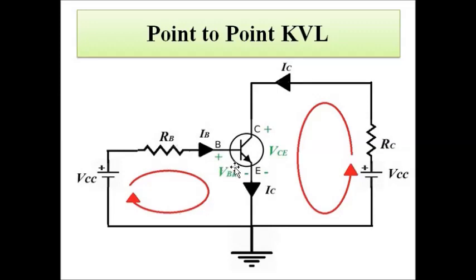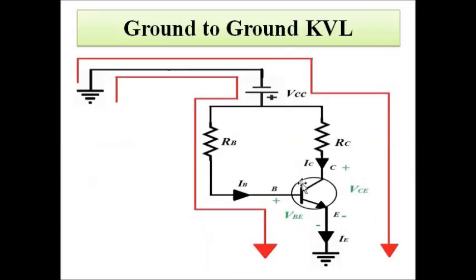You can start from this point, plus VBE point, and you have to reach the same point, but do not repeat two terms. There will be only one unique term in a KVL. So it only depends on whether the circuit representation is in this way or in this way. According to that, you have to see which type of KVL you want to put.